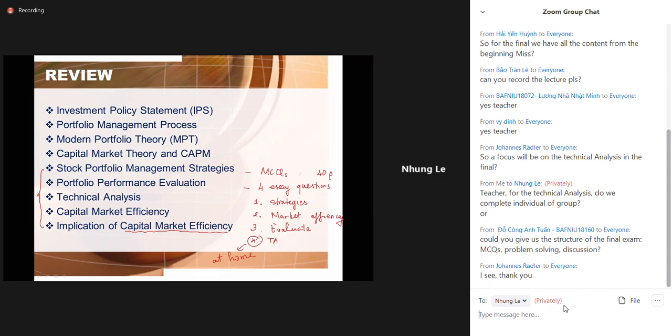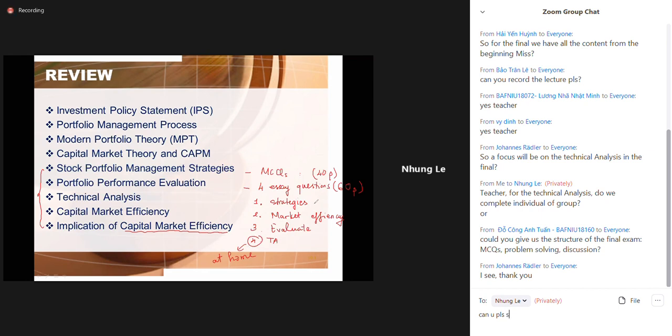Yes, this is the structure of the final exam. The essay questions will account for 30 points, and MCQ accounts for 40 points. Among the essay questions, we will have four essay questions here.